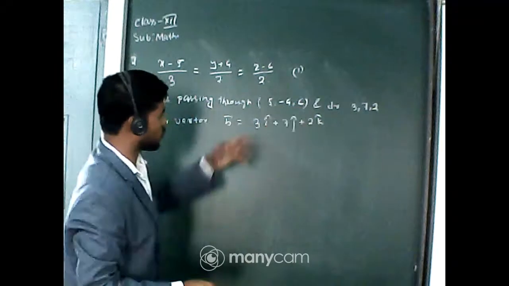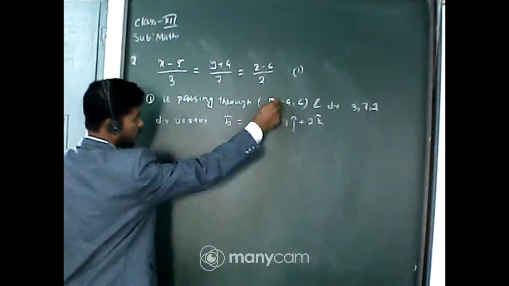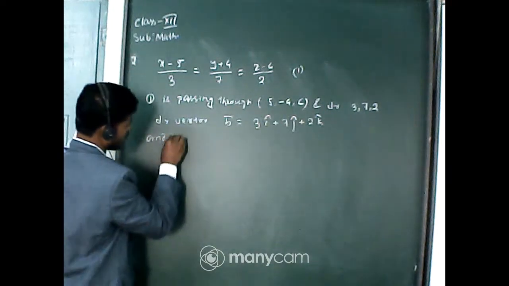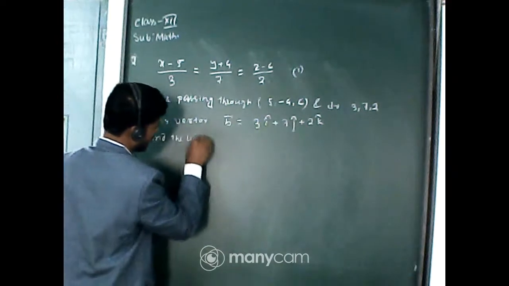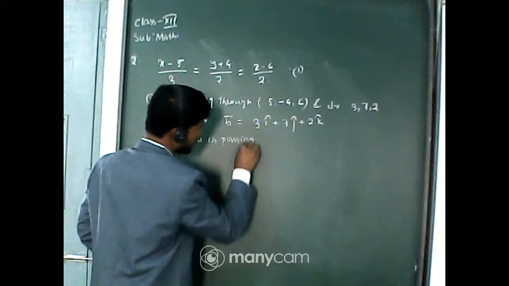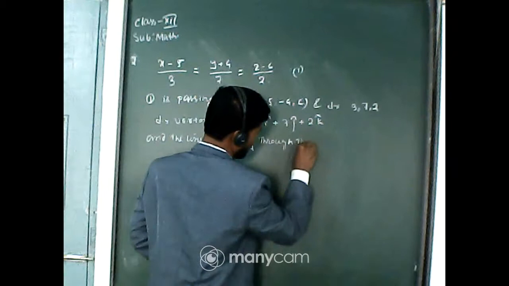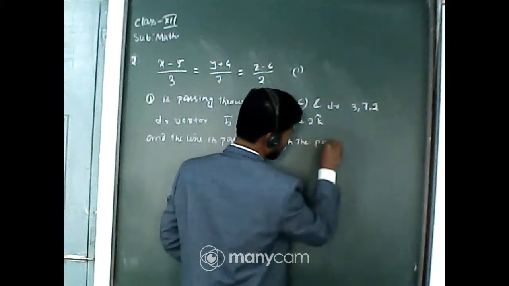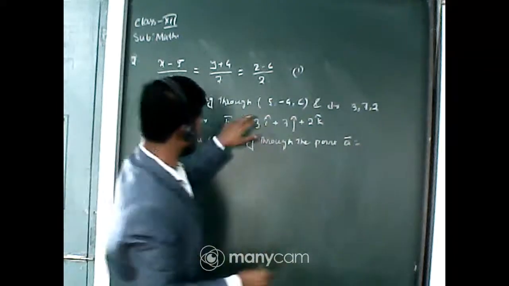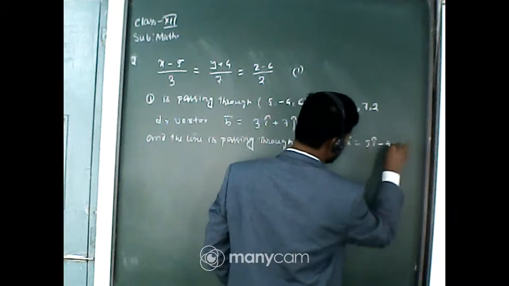The vector equation uses the position vector of the point, so let the point be the a vector, whose position vector is 5i - 4j + 6k.